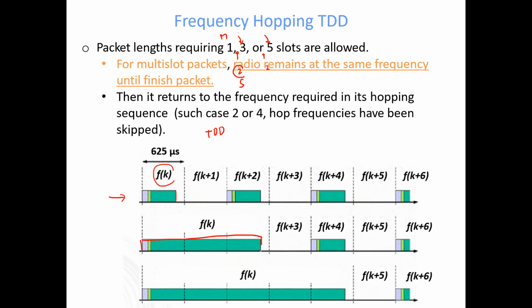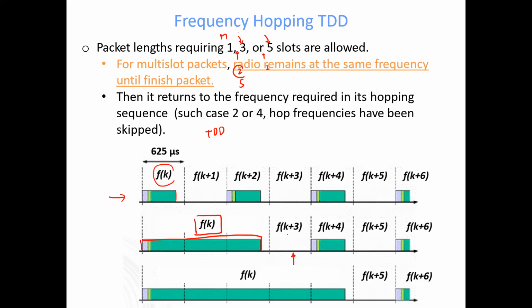You send 3 packets, but please remember that this is the same frequency. And then the slave in this case will send the packet on the next frequency, not go back to FK plus 1.